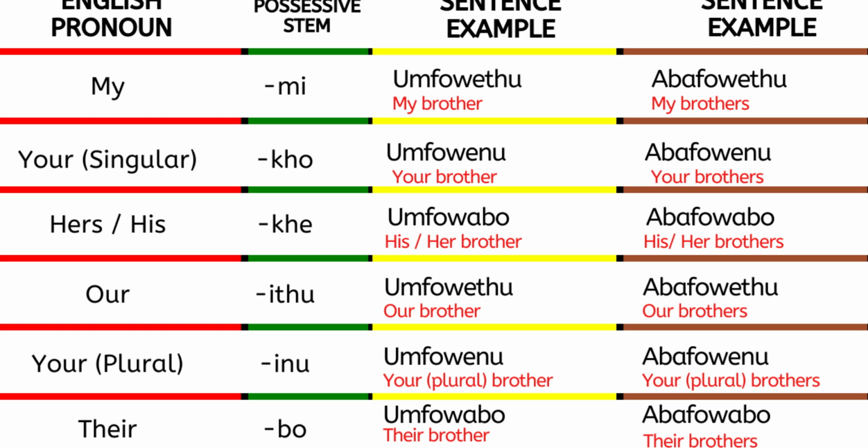Udadewethu. There is a girl that we share a mother and or a father with. It could be that we have different mothers. That's why I'm saying and or a father. So it could be that we share the father, but we have different mothers.